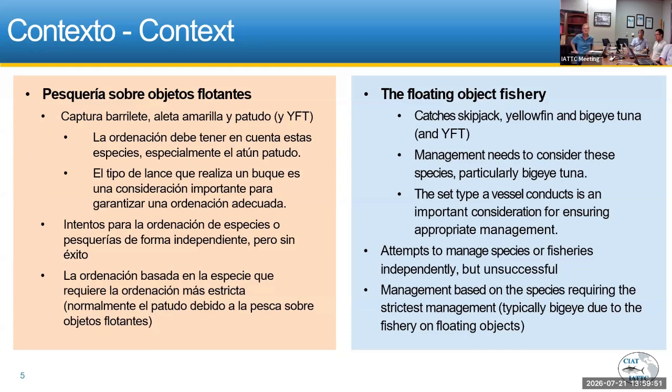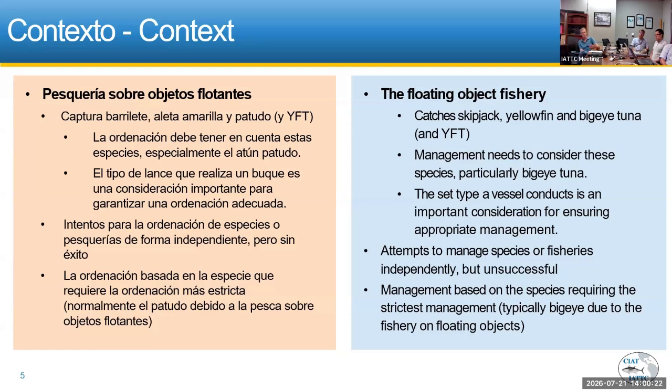The type of set that a vessel conducts is an important consideration to ensure the appropriate management of these different species. There were some attempts to manage these species independently, to more focusedly control the management of the different fisheries, but that wasn't really successful in terms of being adopted by the Commission and supported by stakeholders.